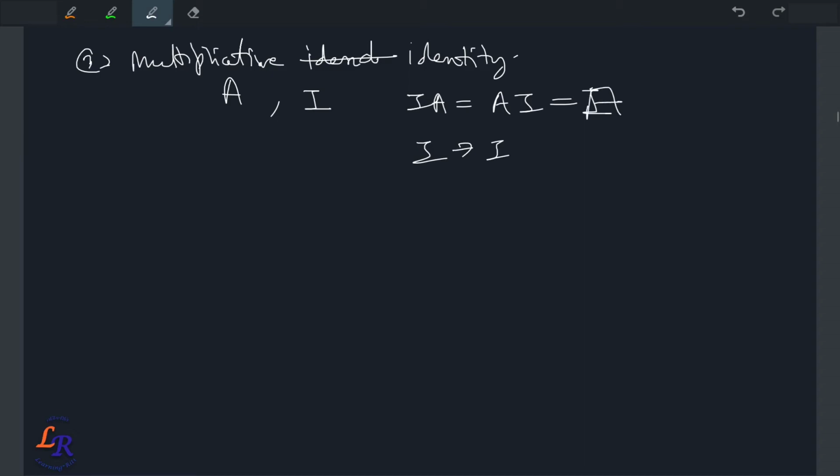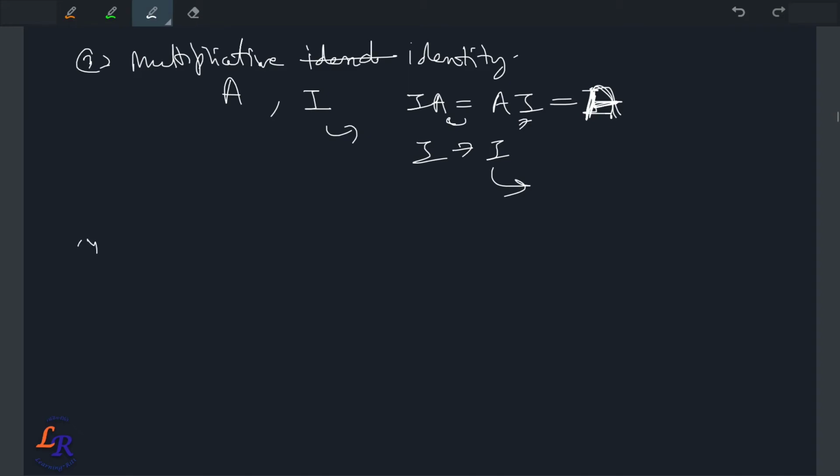Here you get the same matrix. So if there is a matrix I such that IA is equal to AI, either you multiply from left or right and you get the same matrix, then this I matrix is called the multiplicative identity.